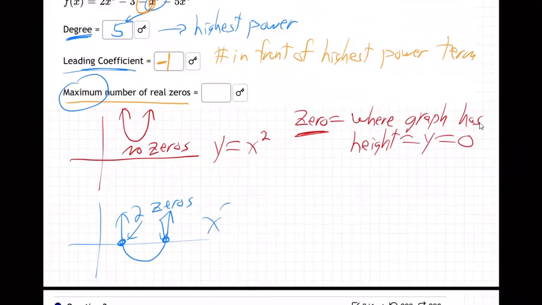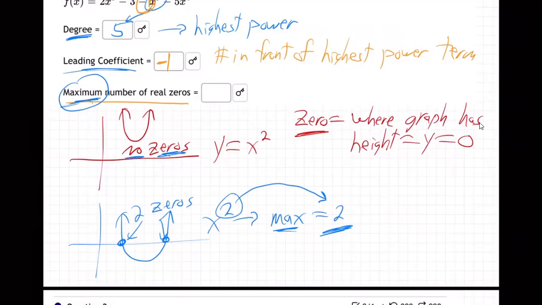X squared, the maximum number of zeros is 2. So probably the power tells you the maximum number of zeros, the most it could have. I mean, it could have no zeros, as we saw, but the maximum, the most it could have, is whatever its power is.